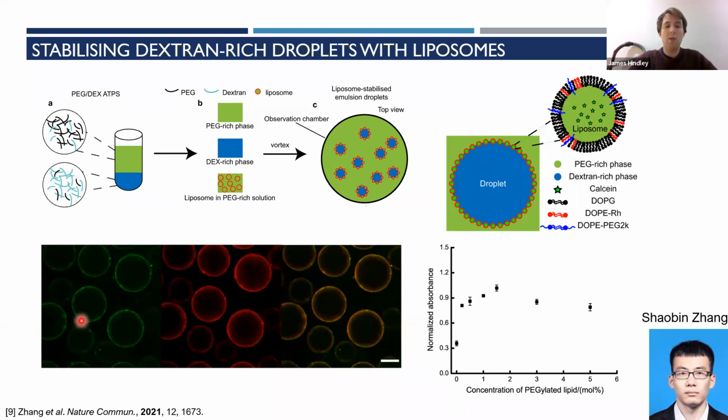So again, we have calcein loaded liposomes that also have a rhodamine stain in the membrane, and we see this overlay of the calcein and the rhodamine fluorescence, and the calcein fluorescence importantly is localized to the interface. So these are stable liposomes. They're not forming some other kind of lipid layer.